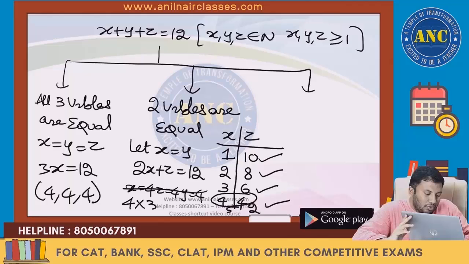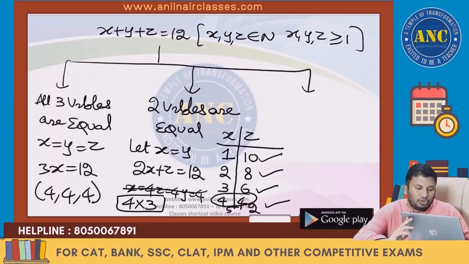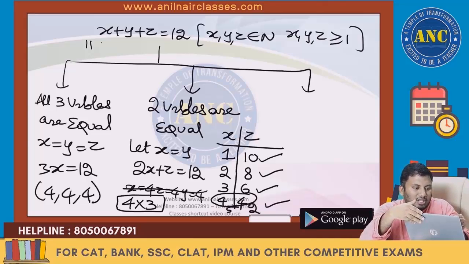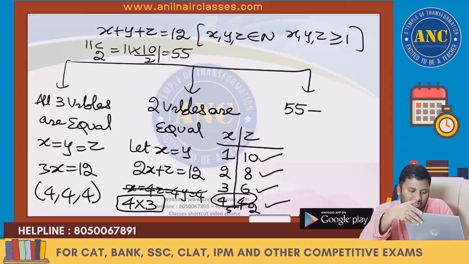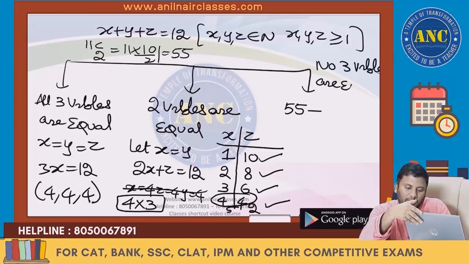x equivalent to y, y equivalent to z, z equivalent to x: 4 into 3, that is 12. The total is 11C2, 11 into 10 by 2, which is 55. 55 minus what is this case? No 3 variables are equal.